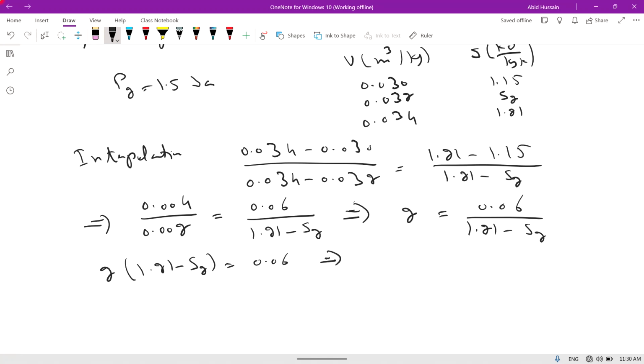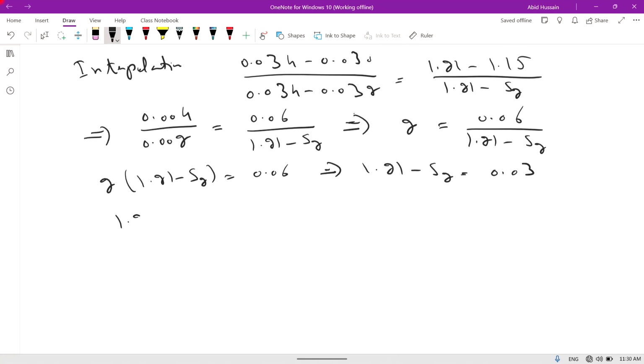Both sides divided by 2, so 1.21 minus S2 is equal to 0.03. So S2 is equal to 1.21 minus 0.03, which is 1.18 kilojoule per kilogram per Kelvin.